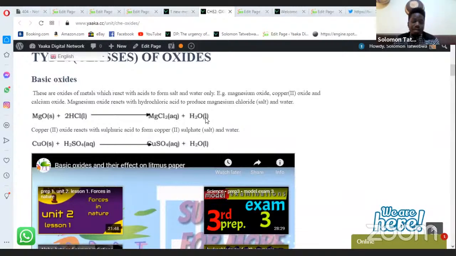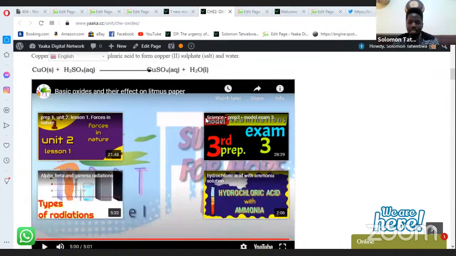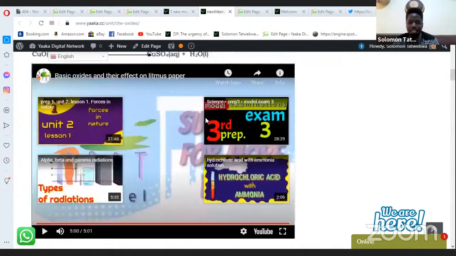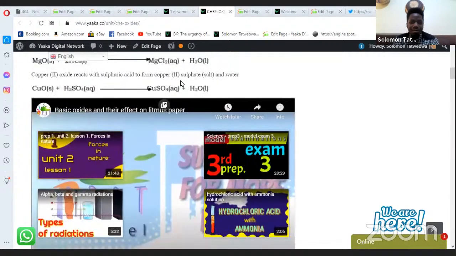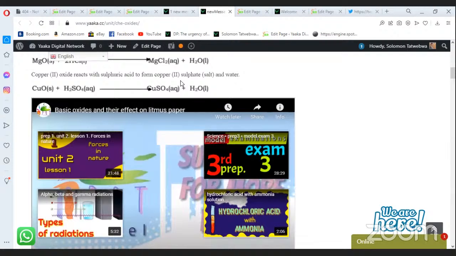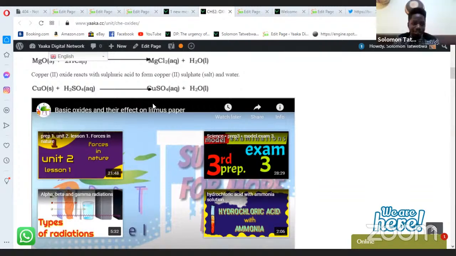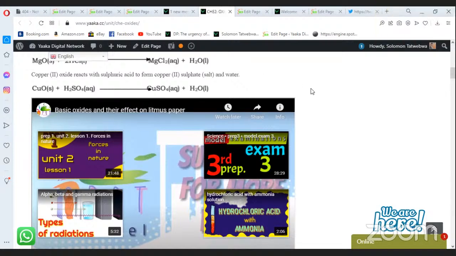As you can see, basic oxides, what is one of their properties? What have you discovered? They change the color of red litmus paper to blue, and they have no effect on blue litmus paper. That is very correct. So that is the characteristic of basic oxides.